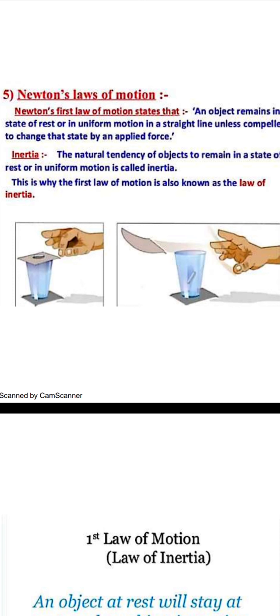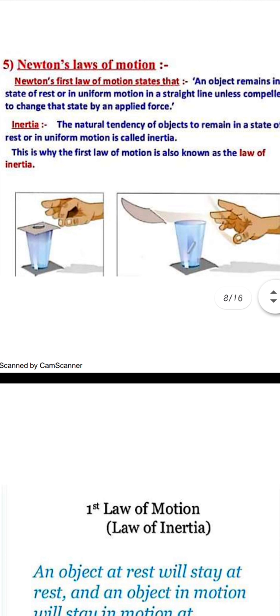So to keep it in motion, we have to put some force. Like, take this mobile and keep it on the table. When you are keeping this mobile on the table, you have to exert some force. So some force is applied on that object to put it in motion, or to change the position or the direction of the object.